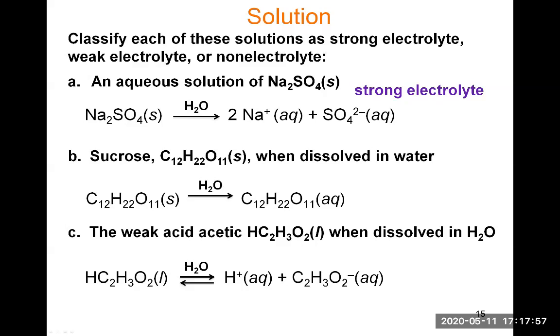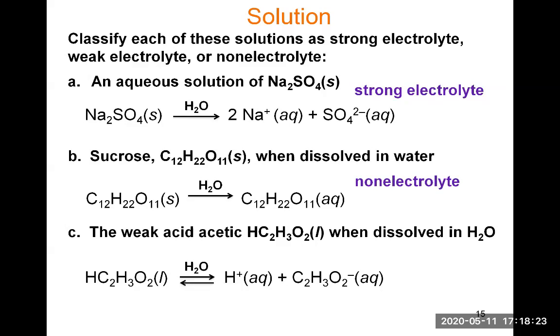Sucrose is a big covalent molecule that stays as sucrose in water when it's dissolved. It's a neutral molecule, so there's no way it can conduct electricity because there are no electrical charges. It's not an ion. So that will be classified as a non-electrolyte.